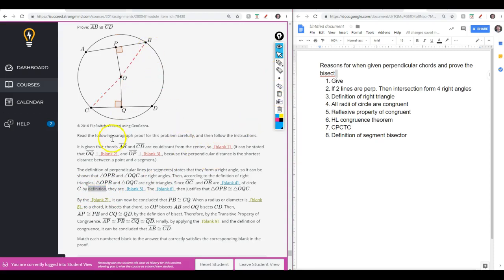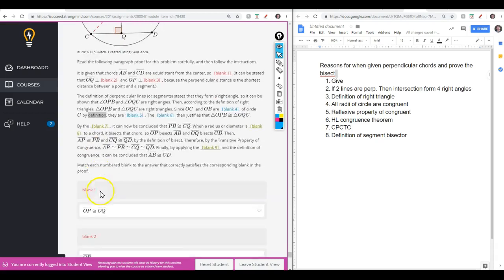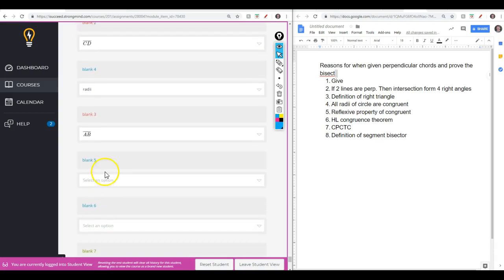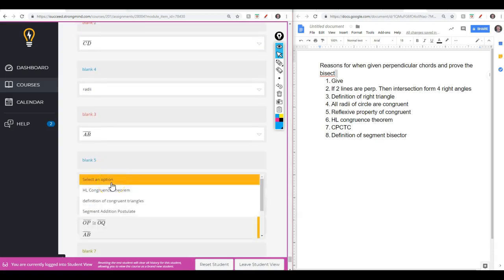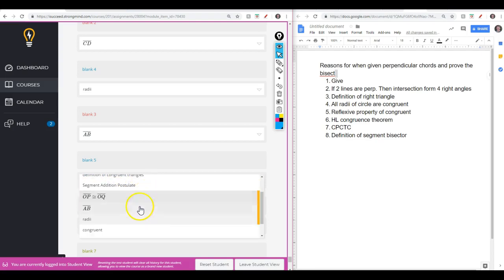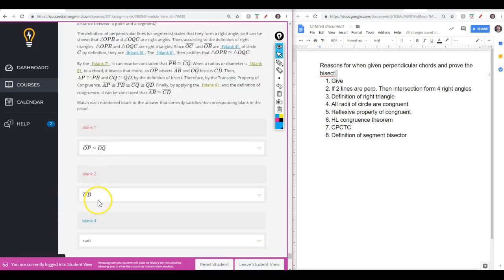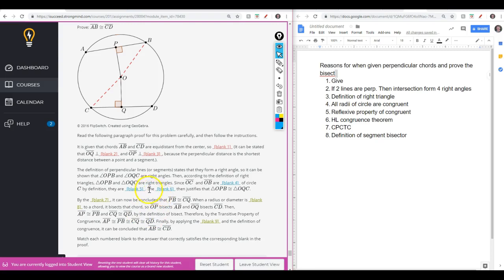So after we filled in the blank, radii of a circle C, by definition, they are congruent, or the same. So this one would be congruent. And so the blank then justifies that triangle OPB is congruent to triangle OQC.